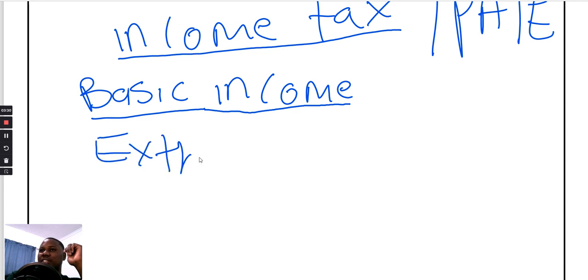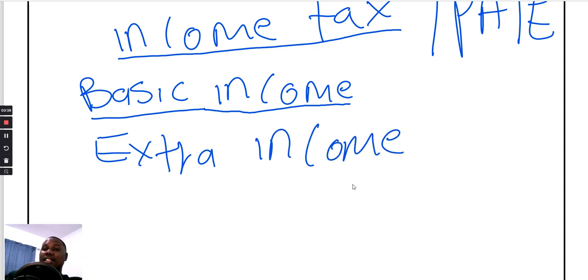The extra income that we can talk about here is the bonus. That is the extra income that an employee can get. Let's say, for instance, we're talking about someone who is an educator, a nurse, or a police officer. They do get the 13th cheque. That 13th cheque is their extra income.